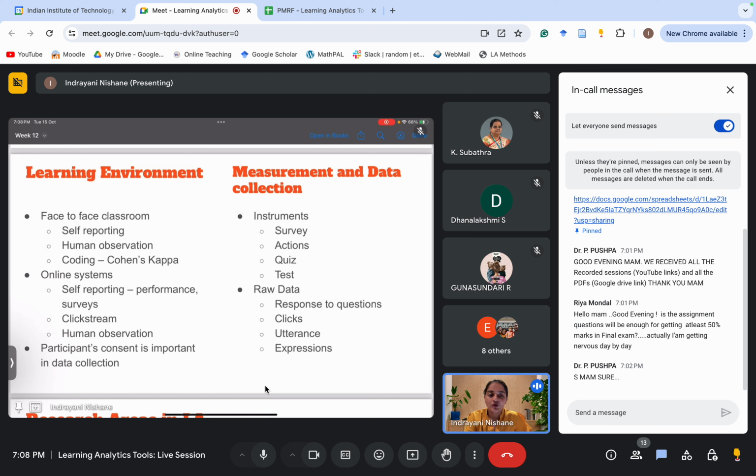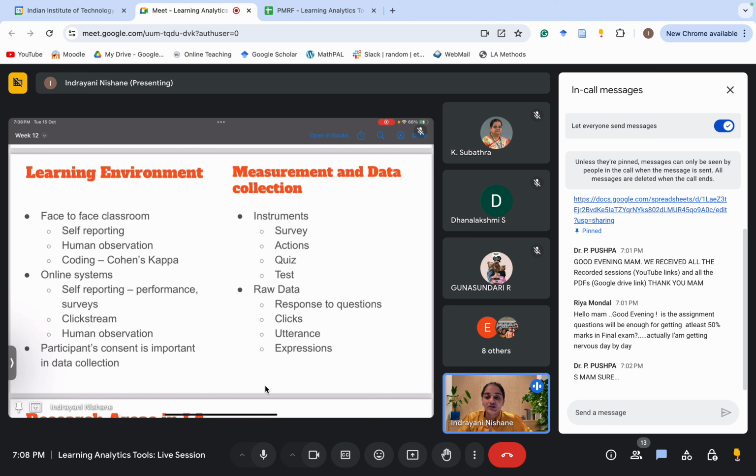Because even for multimodal learning analytics, if we want to automate affective computing, if we want to train our machine learning models to predict the affective state of the students, we need to have the ground truth. That ground truth needs to be established via human observations. That's why human observations and self-reporting are listed for online systems as well as for face-to-face classrooms.